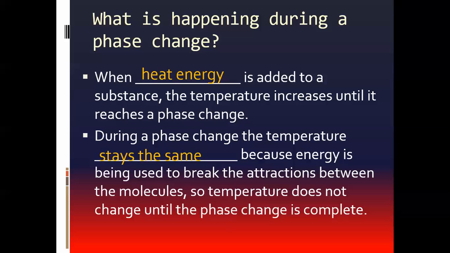So during a phase change, the temperature stays the same because now all that heat that's still being pumped in there by the hot plate or whatever the heat source is being used to break those bonds, the attractions between the molecules. So the temperature actually doesn't change, and we notice that on a graph we would see a flat line, or some people call it a plateau, indicating that, hey, the temperature is not changing because the phase change is occurring right now. So all that energy that's being pumped in, or all that energy that's being removed, is being used to actually form a new state of matter.